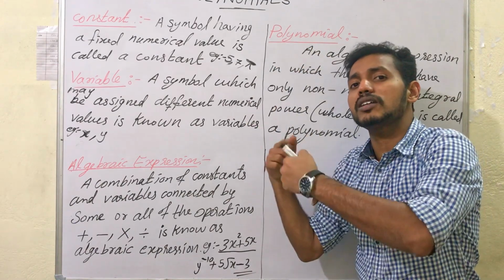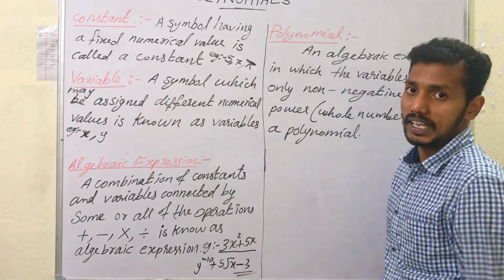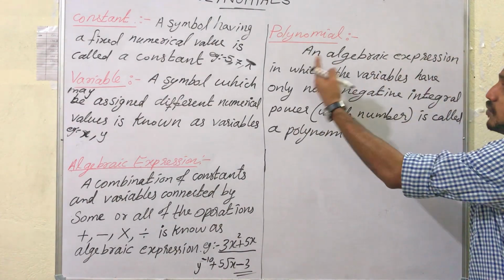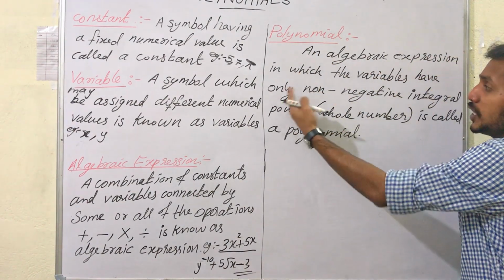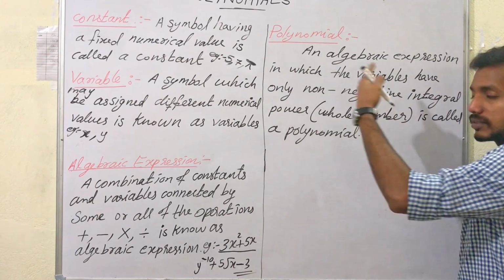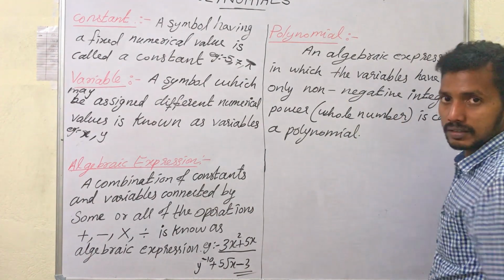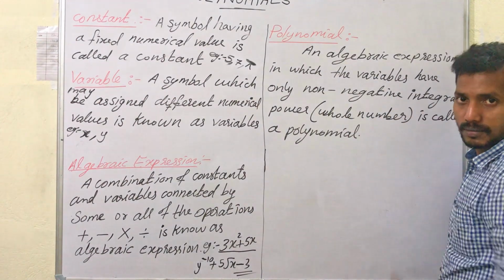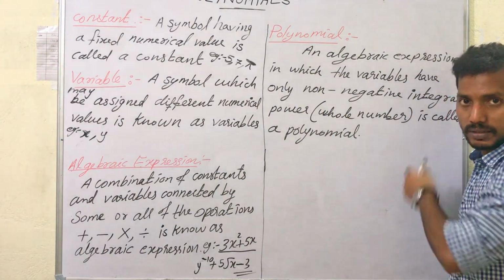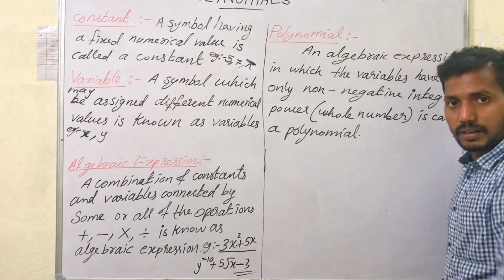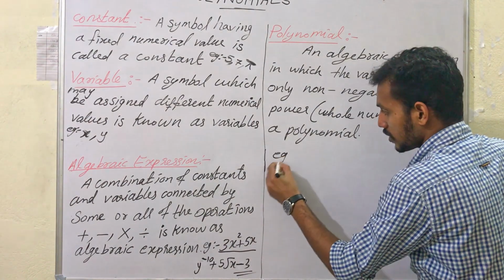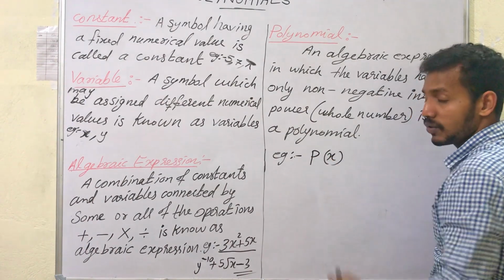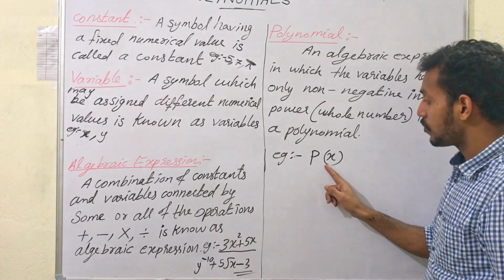A polynomial is a special type of algebraic expression, a special case of algebraic expression. An algebraic expression in which the variables have only non-negative integral powers, that is whole numbers, which means 0, 1, 2, 3, etc. So the power should be a whole number. For example, p of x.